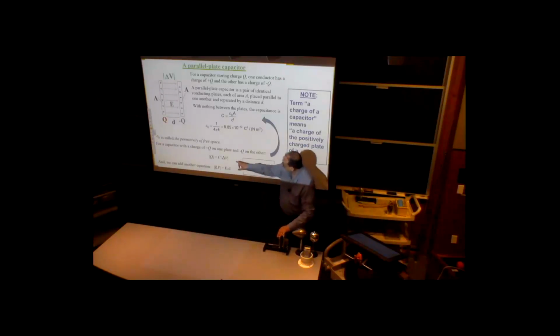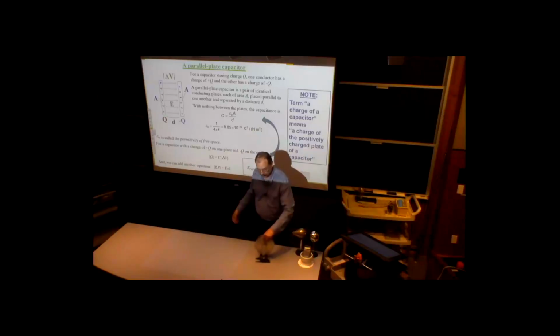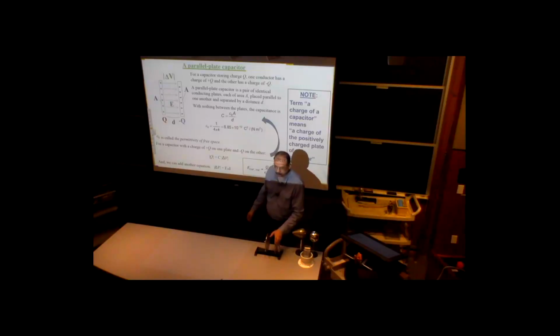So this is a definition of a new physical quantity called capacitance. And if we just work it out algebraically, it turns out the capacitance of a parallel plate capacitor is proportional to area, which is natural, more area, more space for electrons to be stored, and inversely proportional to distance. Why? If we decrease the distance, they attract each other more strongly. And this coefficient is just a number we've seen before.